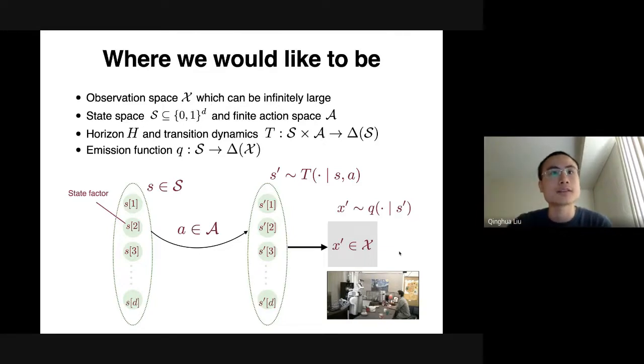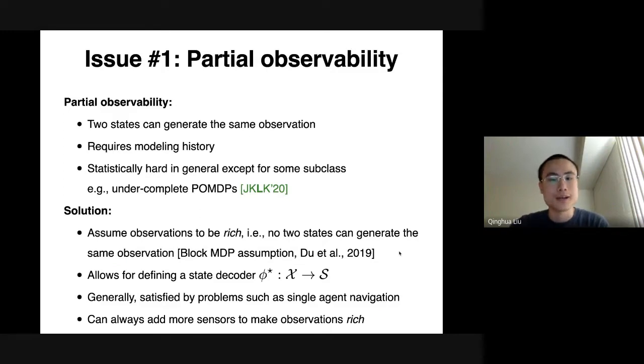The first one is partial observability. It is known that POMDP is statistically hard to learn, except for some special subclasses. So in order to avoid the hardness results from the POMDP literature, we need to make some further assumption on the emission structure. Basically, what we assume is block MDP.